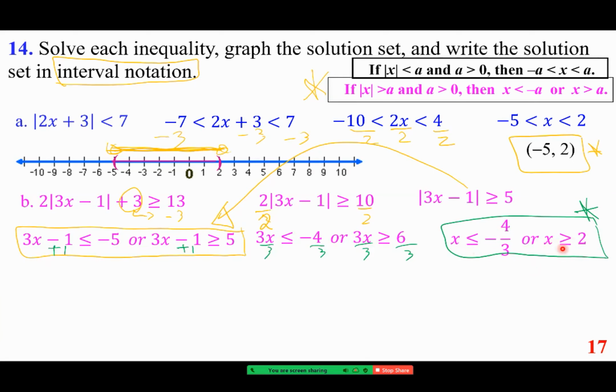Because the endpoints are included, we use brackets here. So here's the interval format. Is negative 4/3 included? Yes, because of the equality, we use a bracket. Is 2 included? Yes, because of the equality, we use the bracket. So this is the interval format.